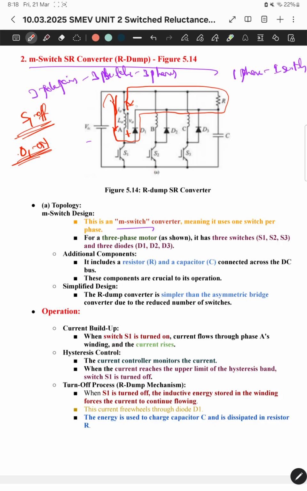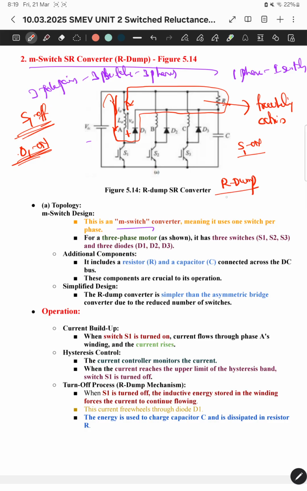Whatever energy is stored in this phase A winding will try to flow through the resistance, forming a closed path. In this manner, the freewheeling action takes place. Here I can also say that whatever energy is stored in the inductor in the on period, when switch one is on, will be dissipated, wasted in the resistor, and that's why it is called an R-dump converter.